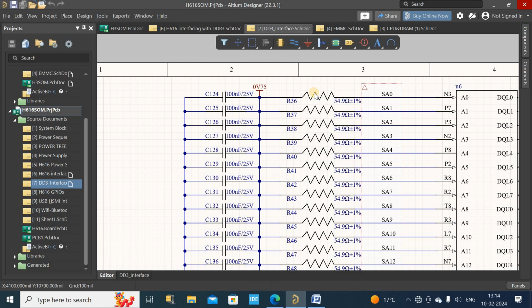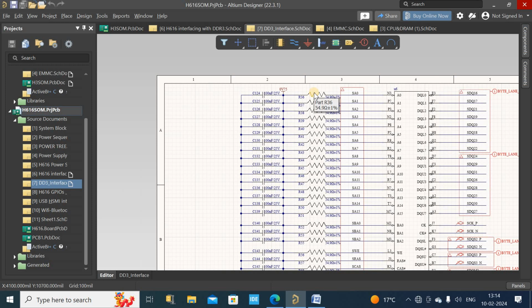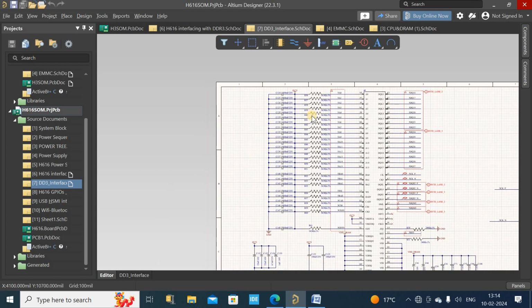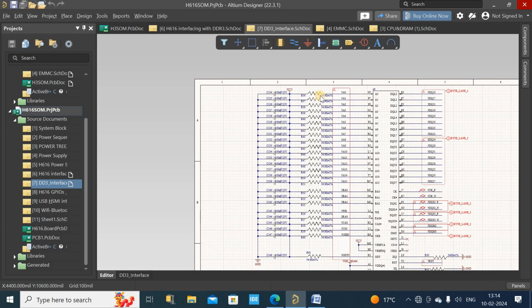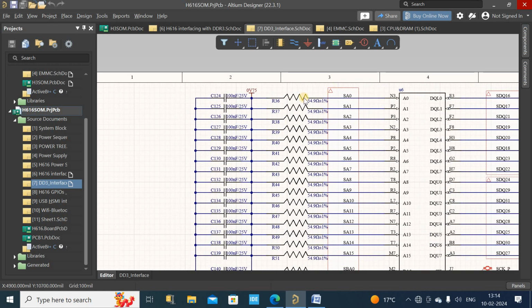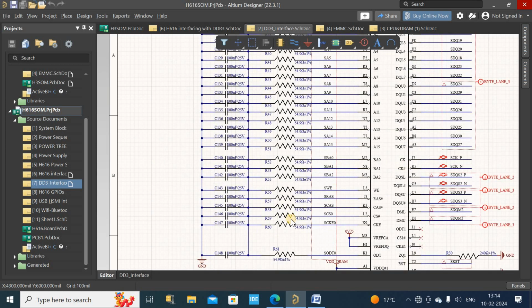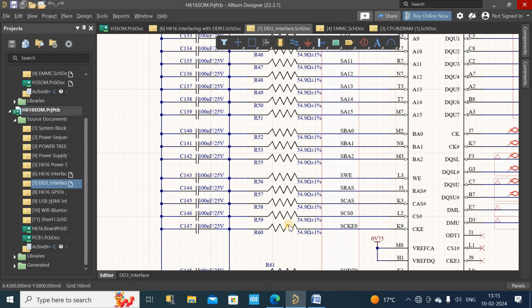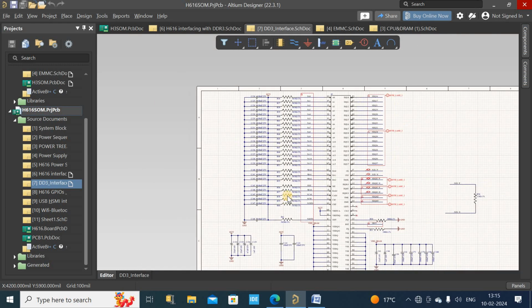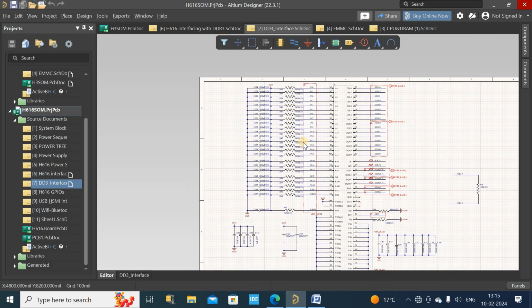It's not like I'm advertising anyone, it's just advising you to follow. If you still don't have the concept of termination resistors, when and how they have to be interfaced with high-speed transmission lines, they are nothing but 10% larger than the transmission line impedance in order to prevent undershoot. So this is it.